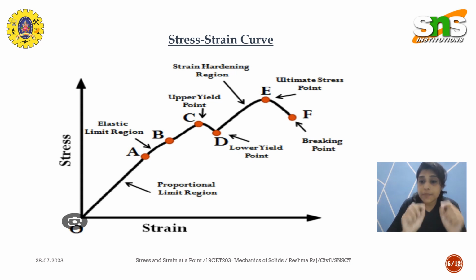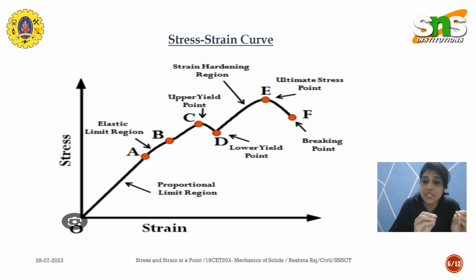In the elastic limit region, if a body changes its length or its width after the external force acts, and the external force is no longer acting, the material comes back to its original position. It still has the ability to come back to its original position in the elastic region state.